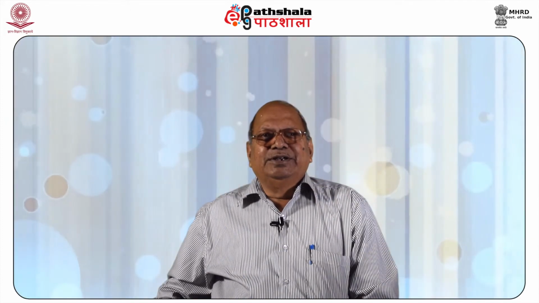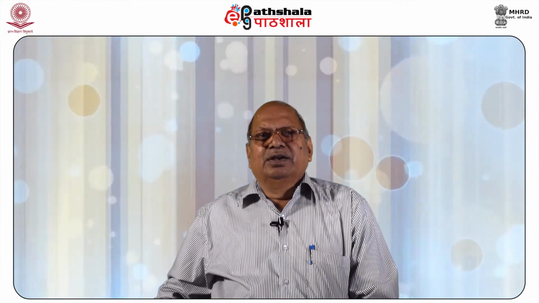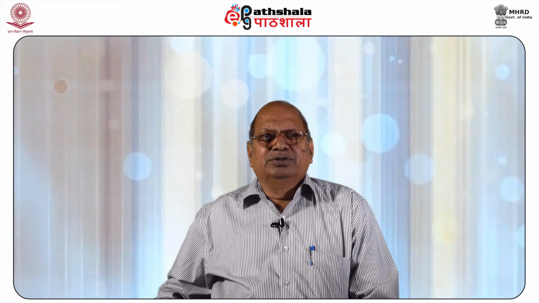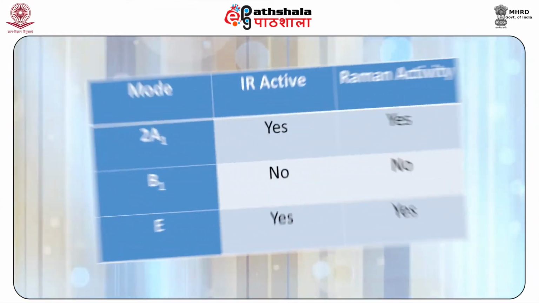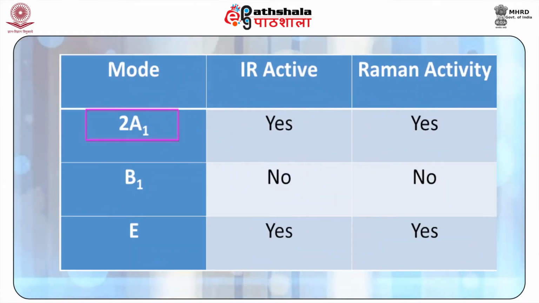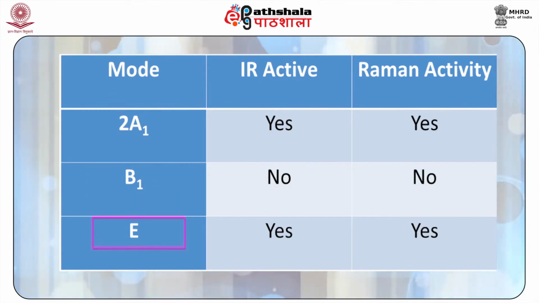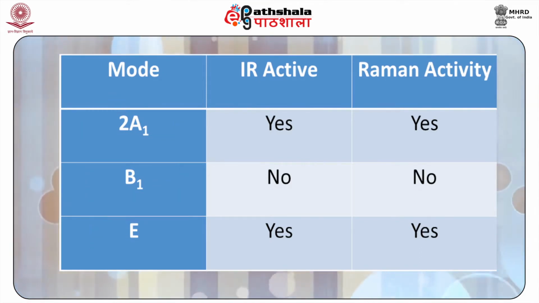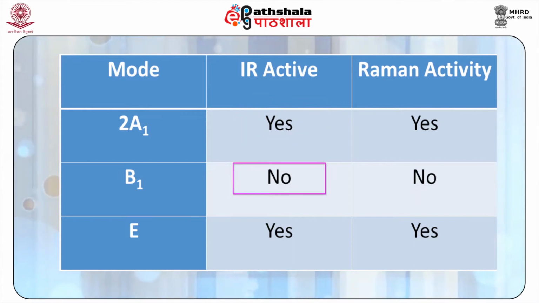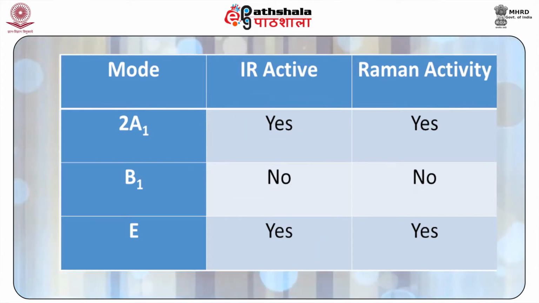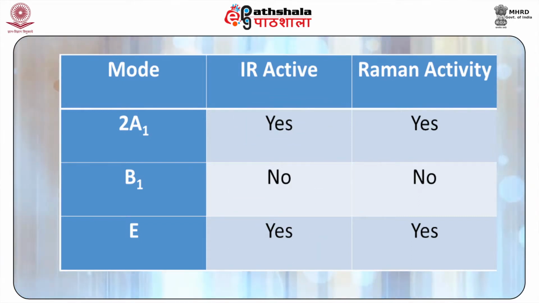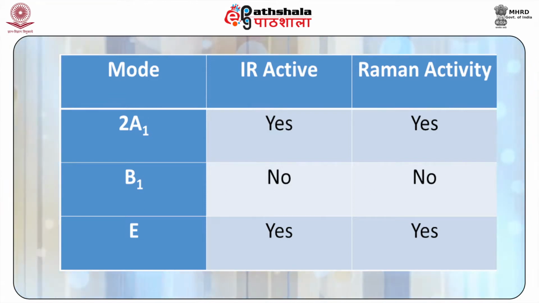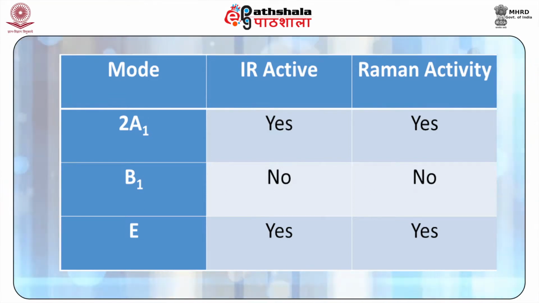After doing this, let us check the IR and Raman activities of these modes, given in the table as 2A1, B1 and E. IR activity: yes, no, yes. That is, 2A1 is IR active and E is also IR active, and B1 is not.